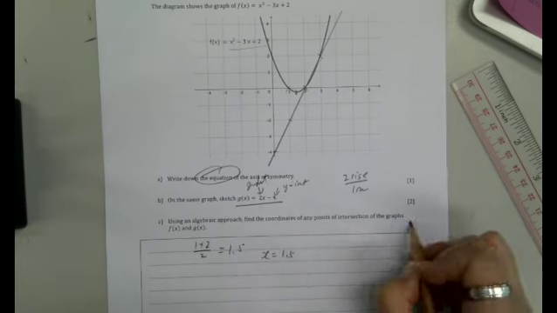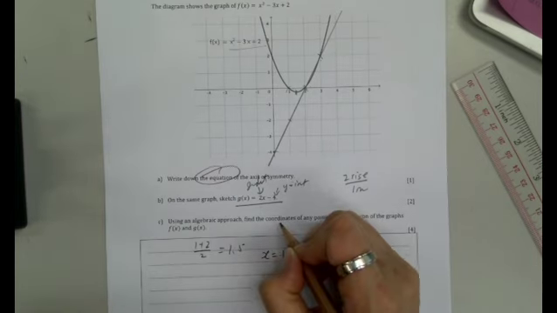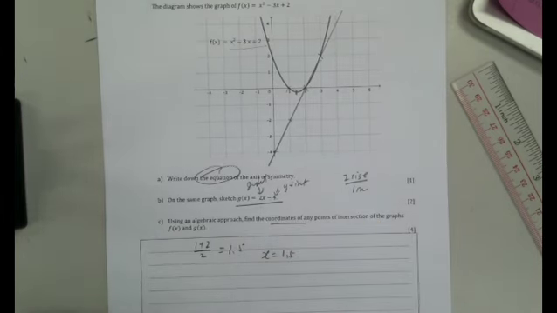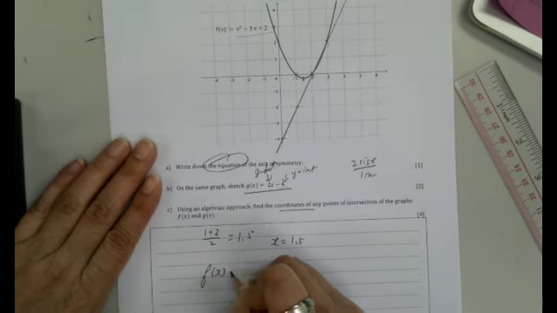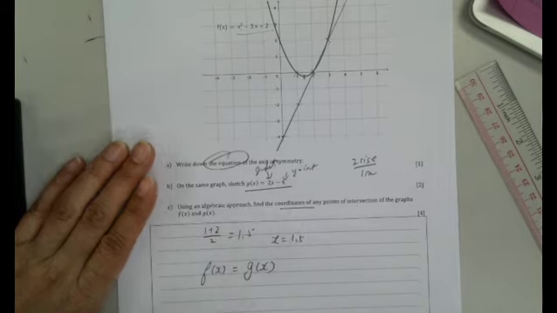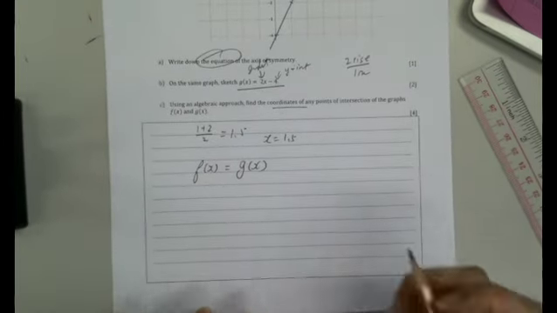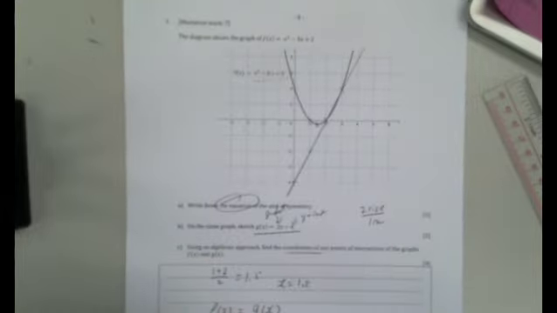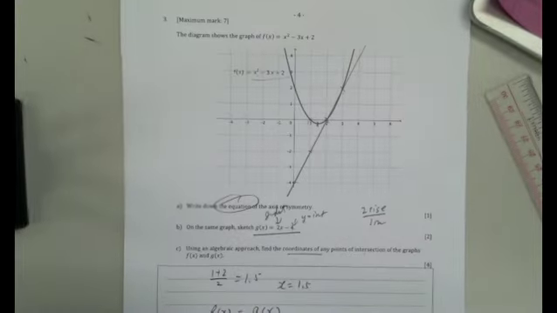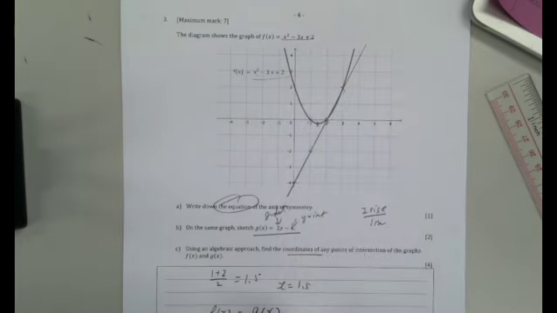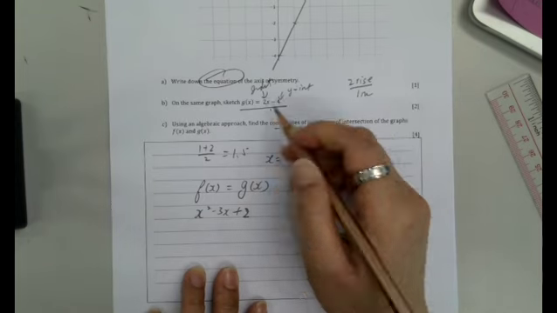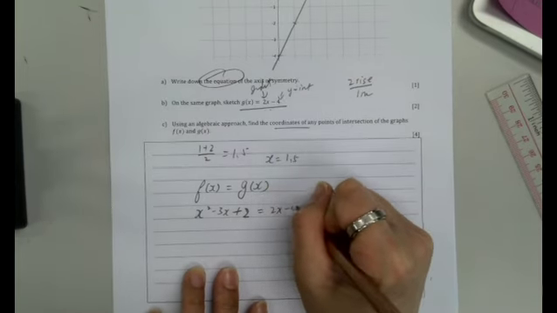Use an algebraic approach to find the coordinates. Coordinates are 2 points, so we need to find that. So we will set f(x) equals g(x) to find the x there. First, copying the equation: x squared minus 3x plus 3 plus 2, and then equals 2x minus 4.